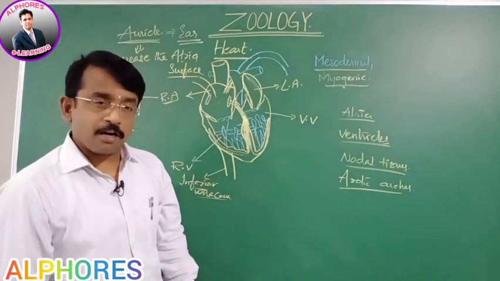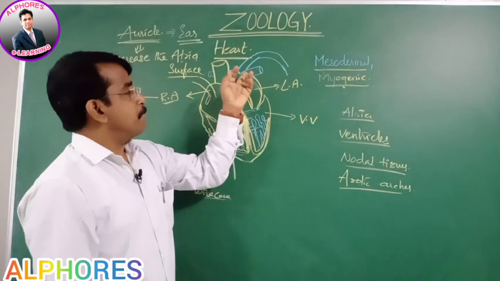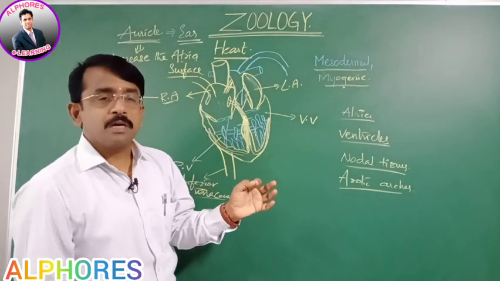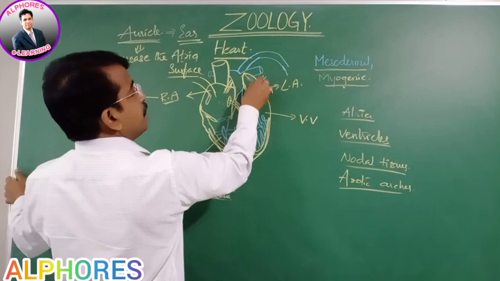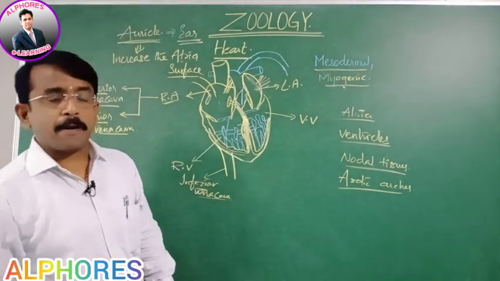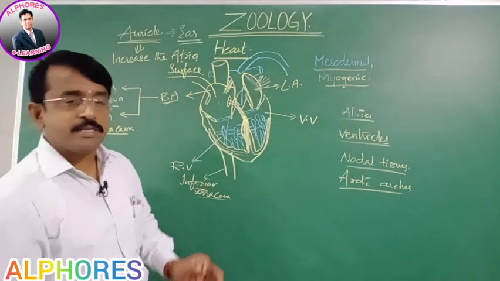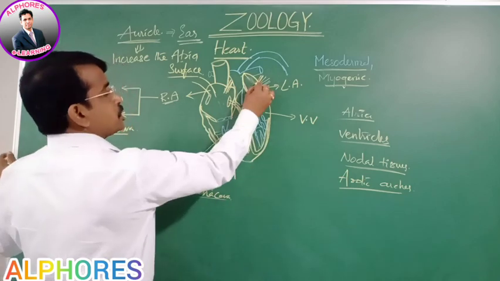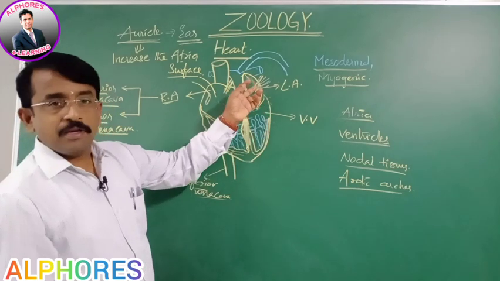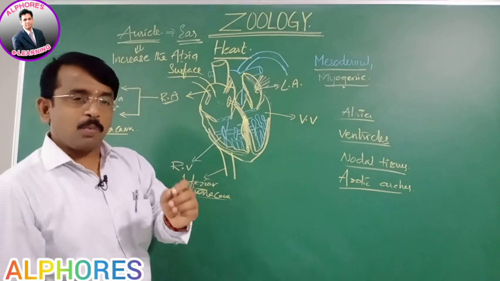Already we discussed that. From the lungs, the oxygenated blood is pumped into the left atrium by means of the pulmonary veins. There are two pairs of pulmonary veins bringing the blood into the left atrium. Pulmonary veins carry the oxygenated blood. Each pair of pulmonary veins opens through one opening.